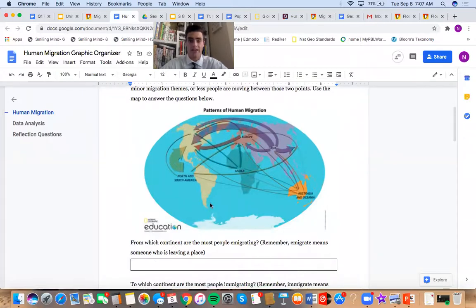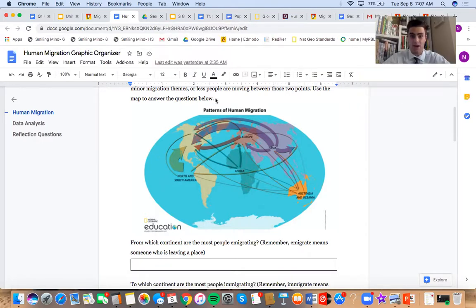The first part is you are going to be looking at this map. The arrows on this map detail immigration happening around the world, okay? Immigration and emigration, right? So there are arrows here. If an arrow starts in one place and goes to another place, that is where people are leaving and then going to, okay?